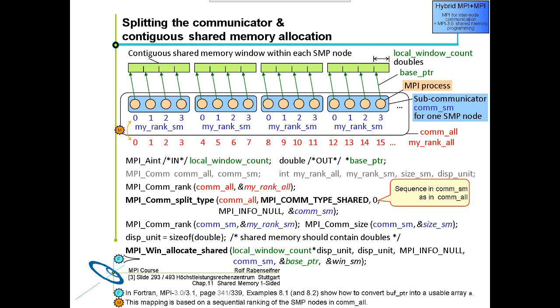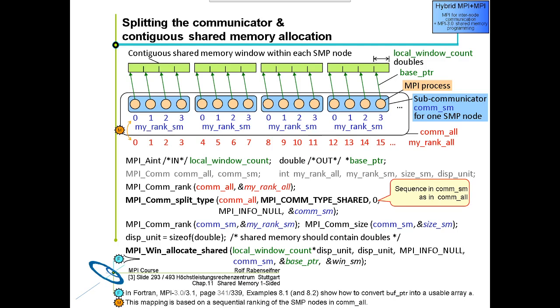As you can see, the ranks generated for the internal subcommunicators follow the same order as the previous ranks from the main communicator, before the split.